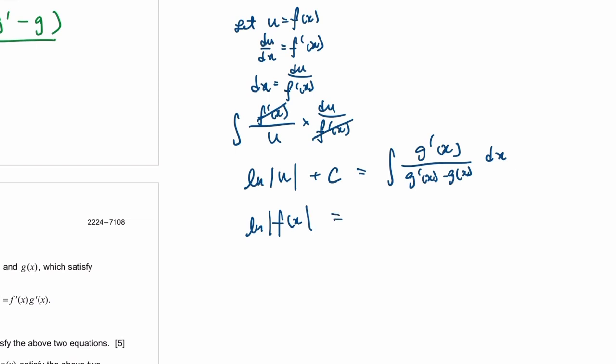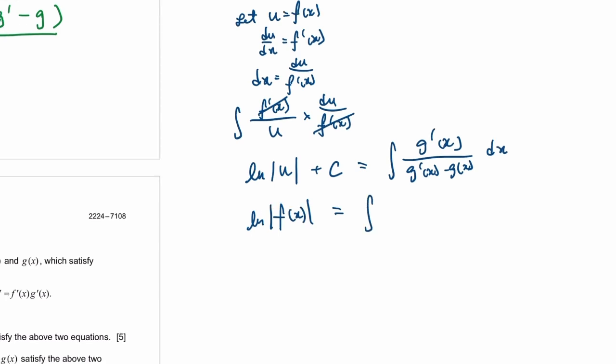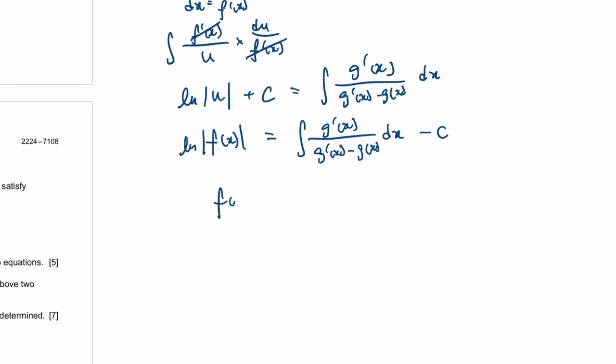Then we'll take away the c, I think. And then to get rid of the log, we do e to the other side. Just e to the power of that whole thing.